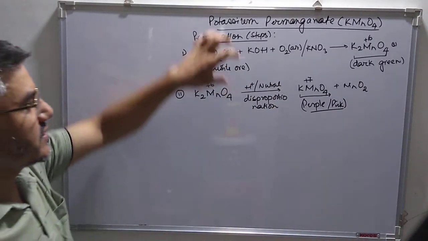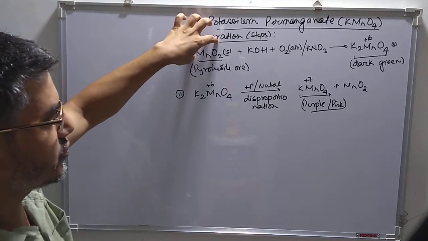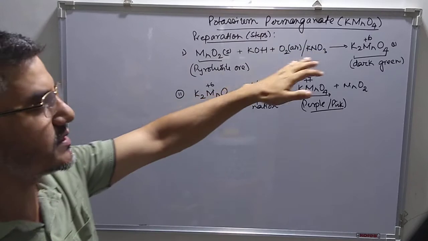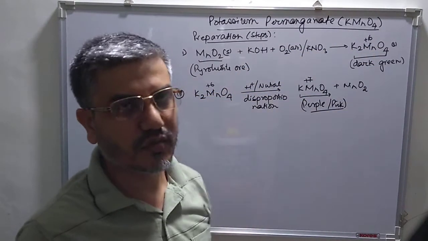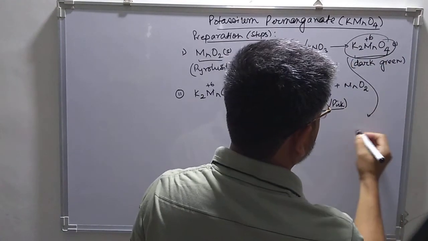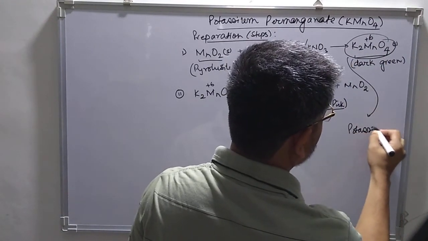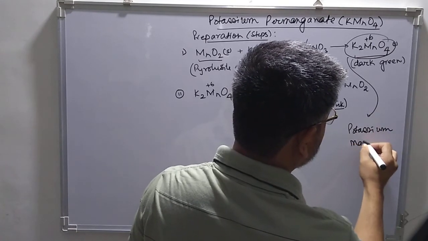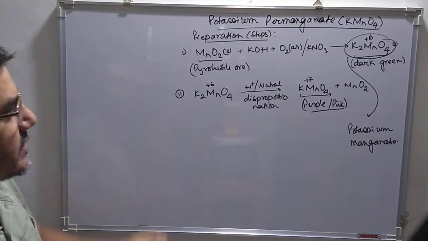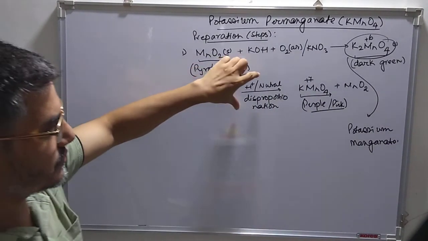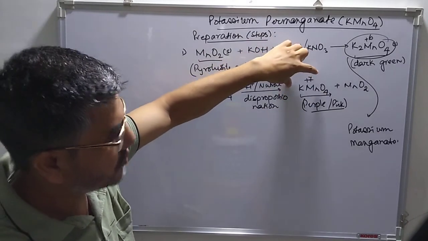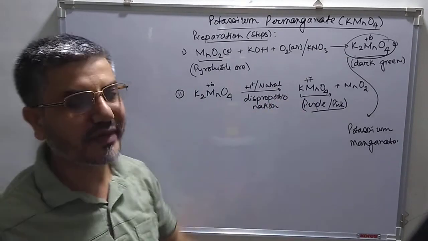So in the first stage, the pyrolusite ore containing MnO2 is fused with potassium hydroxide in presence of an oxidizing agent, which gives you dark green color potassium manganate. In the second step, this potassium manganate undergoes disproportionation in presence of acidic or neutral medium to give you purple color potassium permanganate.